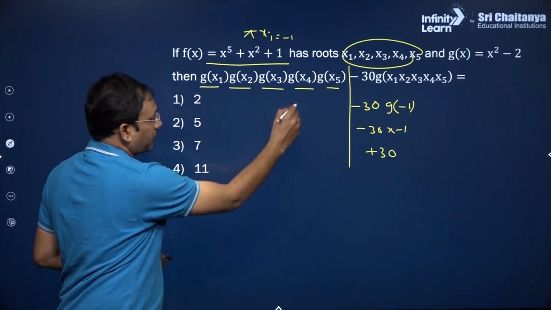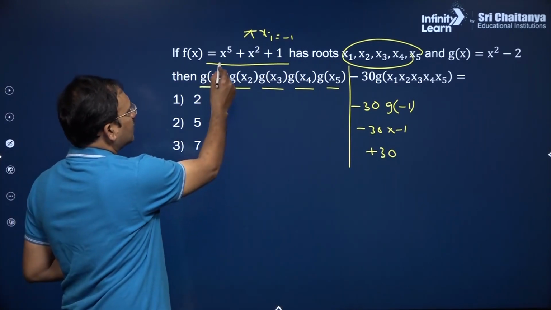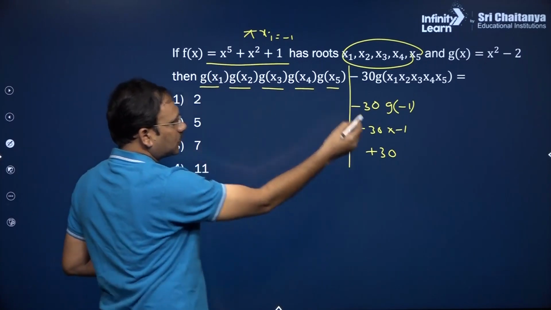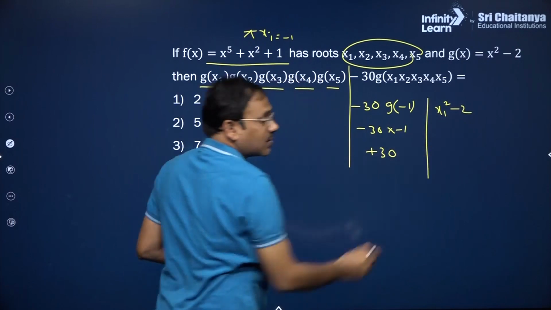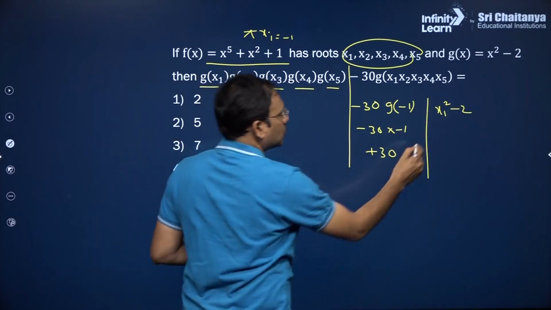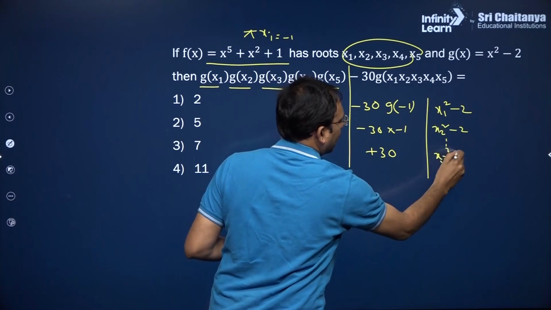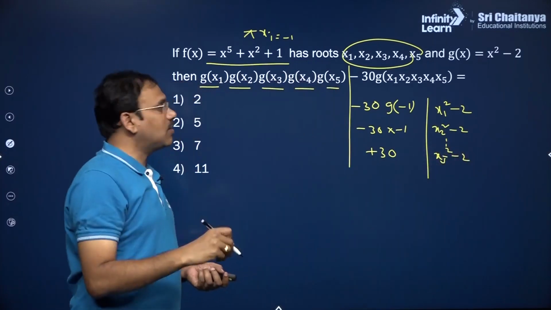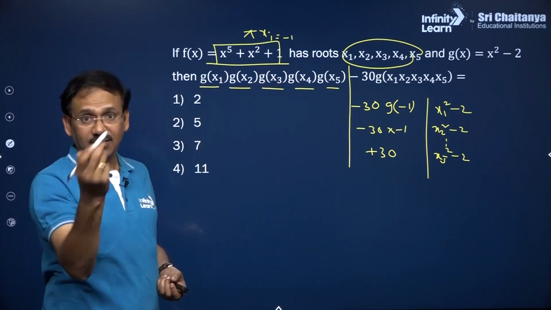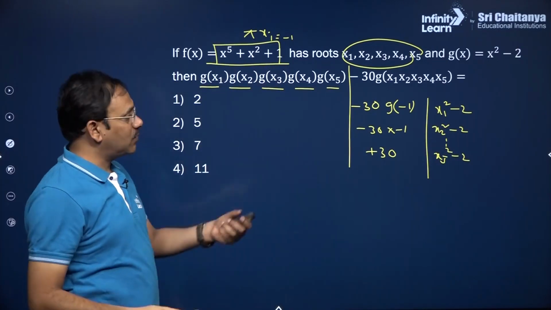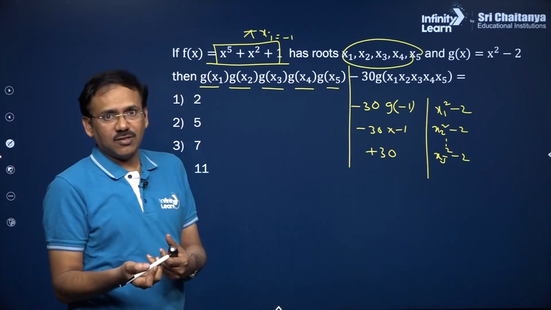Now what about this part? Here, you just consider the equation with roots x1 square minus 2, x2 square minus 2 and so on, x5 square minus 2. Can you prepare an equation? Say the roots are alpha, beta, gamma, delta, theta. What is the equation with roots alpha square minus 2, beta square minus 2? That means transformations of equation.